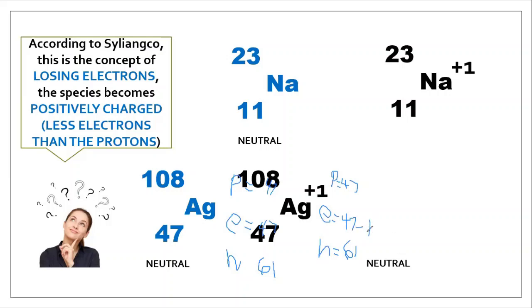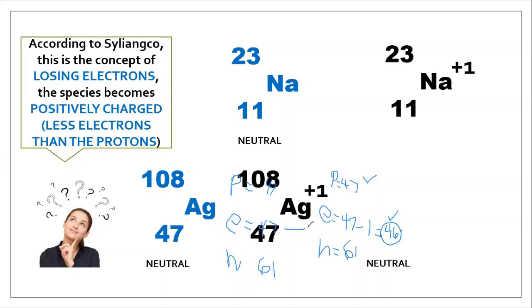So 47 minus 1 will give us, yes, Darwin, it's 46. Ibig sabihin po ng konsepto na ito, mas madami ang protons niya. Kasi 47 yung protons niya, nabawasan ng electrons niya. So therefore, this charged ions of silver becomes more positively charged.